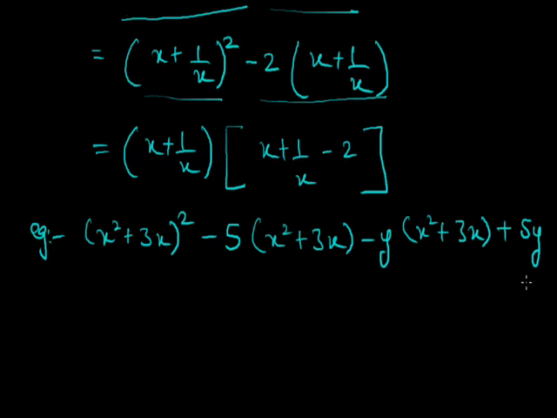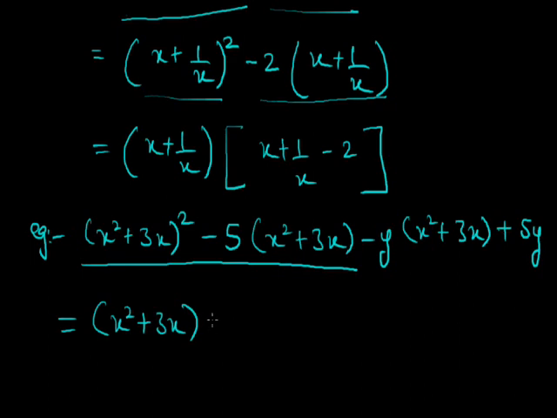Now if we want to solve this question, first we need to combine some of the terms. Suppose we combine the first two terms. If we take out common from these two terms, the common is x square plus 3x.